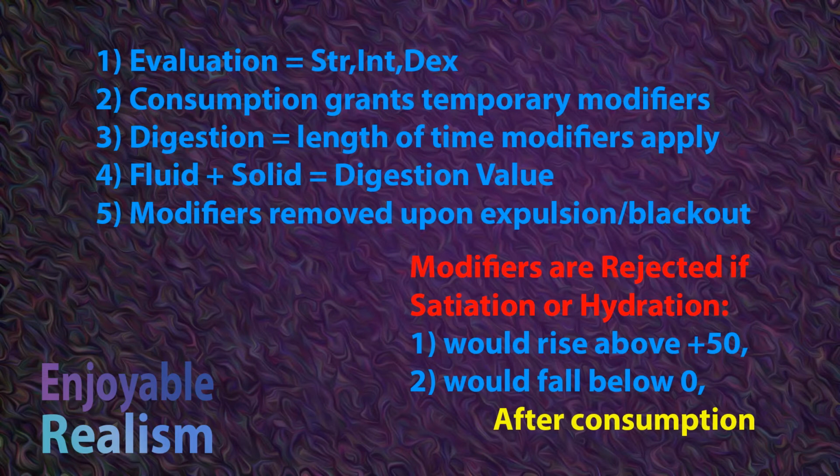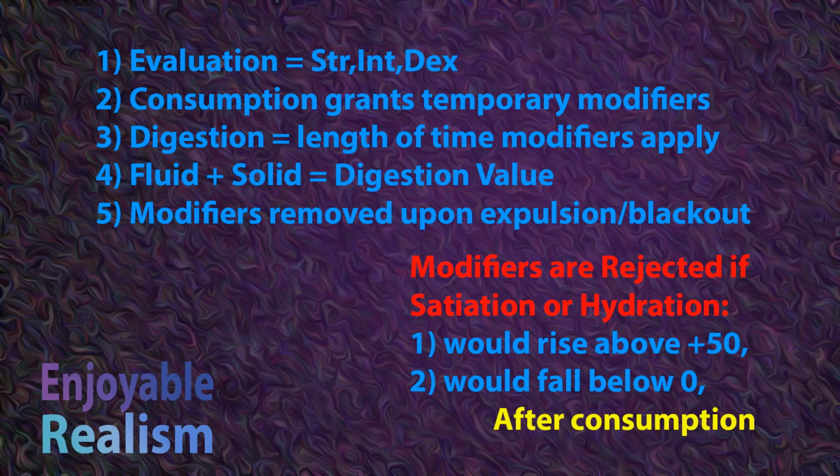Digestion will act as a measurement of time in seconds, the exact amount of time those temporary modifiers apply to the avatar. For this purpose, digestion value is equal to the combined fluid and solid values of the consumable. Modifiers will be rejected and won't apply to stats under two circumstances.